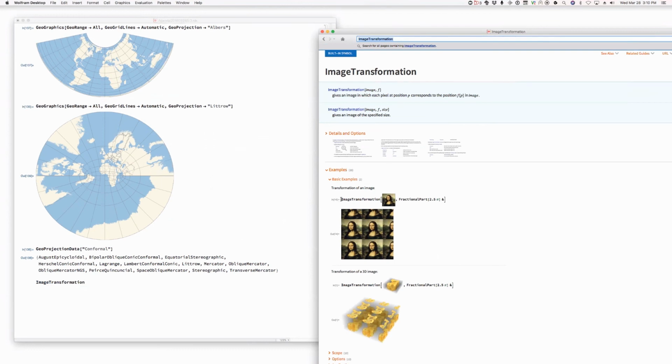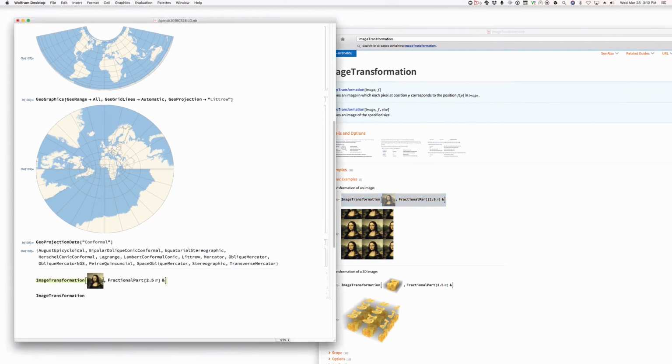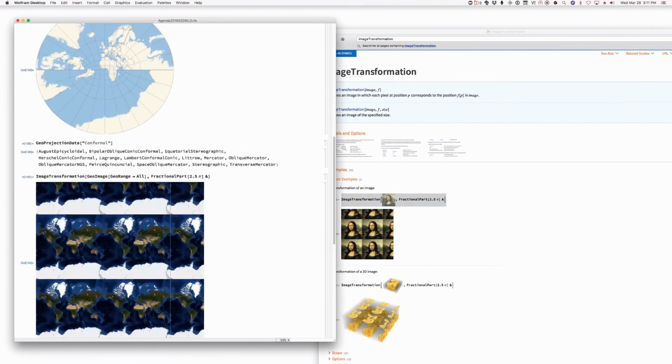What is it doing exactly? It's taking, for a given image, right? So if I have an image of the Earth, just to be clear, and let's say I say Geographics. In this case, it would be better GeoImage because you want an image. Okay, fair enough. If I do that, then I'll get some funky image of the Earth.